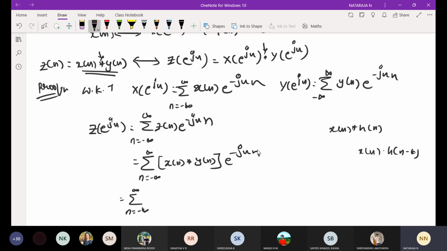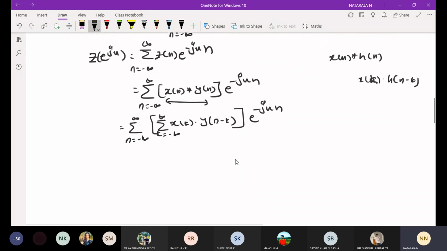Then I represent this as summation k equals minus infinity to infinity x of k into y of n minus k, multiplied by e power minus j omega n.